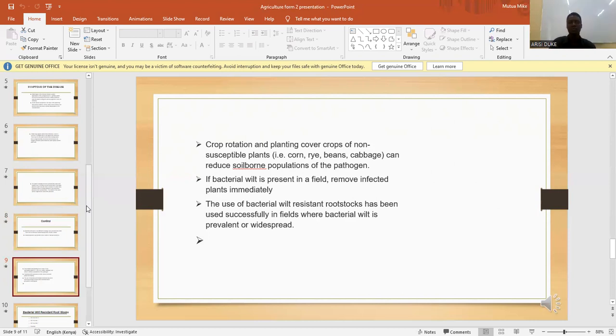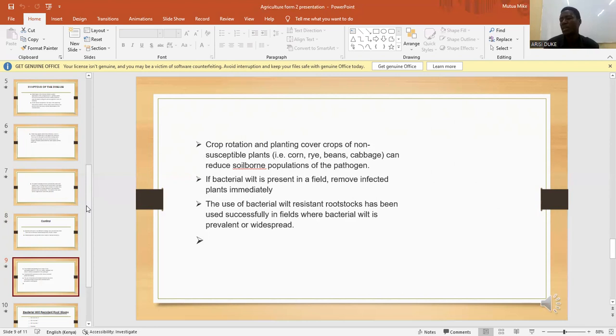We can use the other field, like you can use different types. If you want to control this bacterial wilt, as I told you, you can't control it while it is in the field, meaning you must control it before it gets into the field, because it's difficult to control the disease.